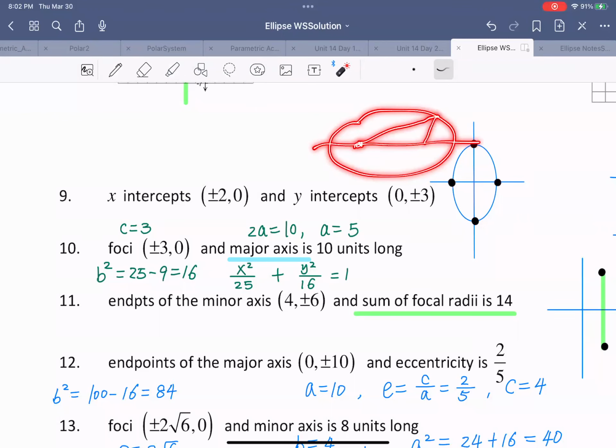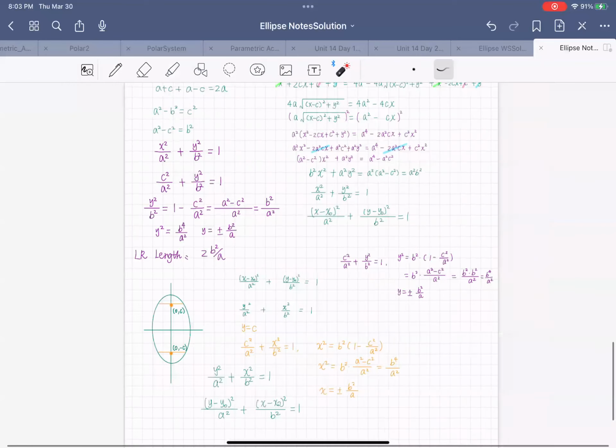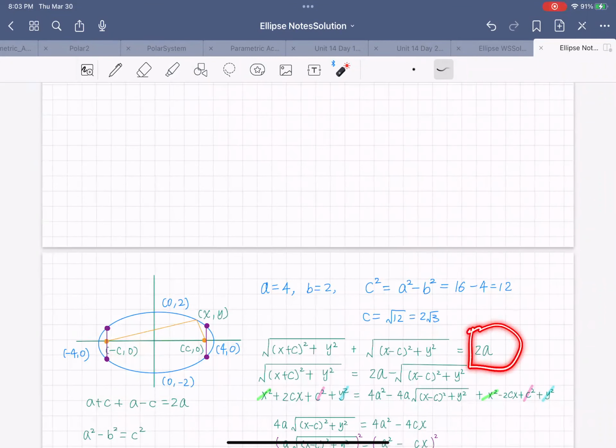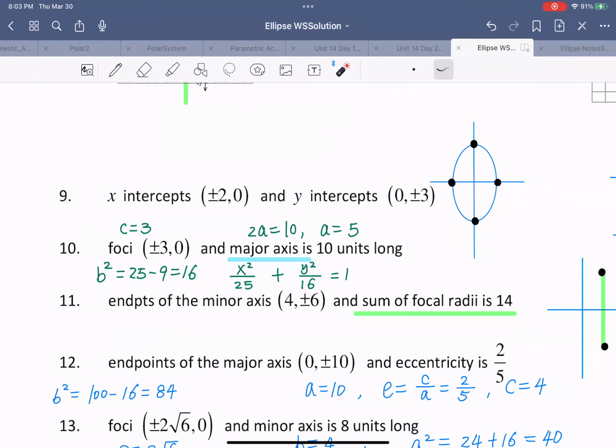This guy plus this guy equals how much when we derive the formula at the beginning of the class? Oh, that guy. Yes? This is called the sum of foci radii. The 2a has another name. It's called the sum of foci radii.